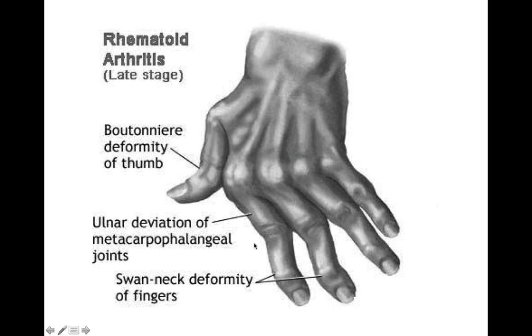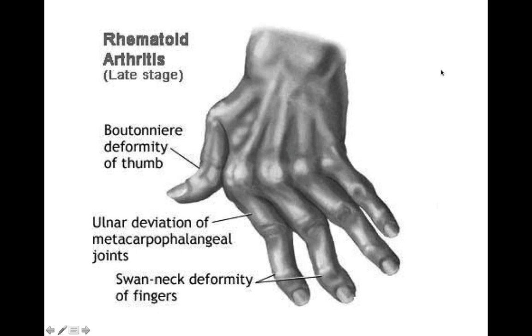And it does not involve the spine except the C1 and the C2 vertebrae. So rheumatoid arthritis never involves the axial skeleton except the C1 and C2 vertebrae, so the patient will have neck pain, hyperreflexia, and neck stiffness. It will cause subluxation of the atlantoaxial joint.